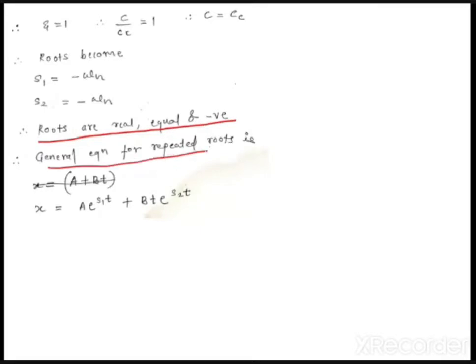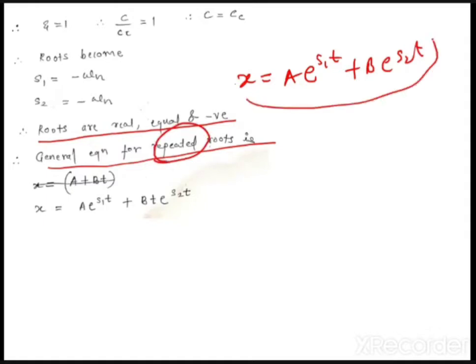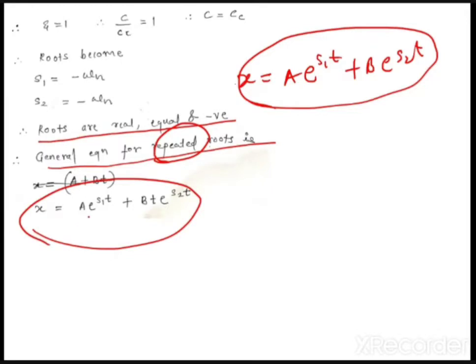So now the general equation for repeated roots. Guys, what was the general equation for unequal roots, the roots which are not repeated? The general equation is x is equal to a e raised to s1 t plus b e raised to s2 t. But now here the roots are repeated, so you cannot use this general equation. You have to use this general solution: x is equal to a e raised to s1 t plus b t e raised to s2 t.